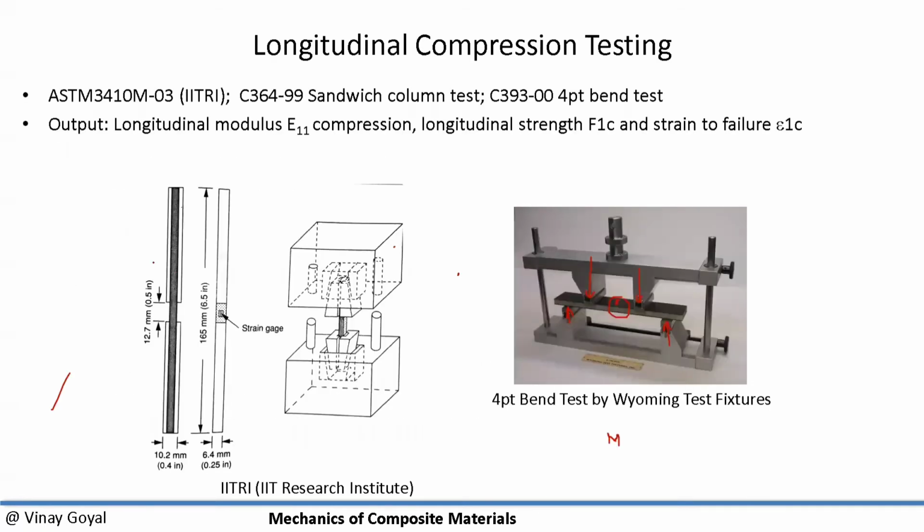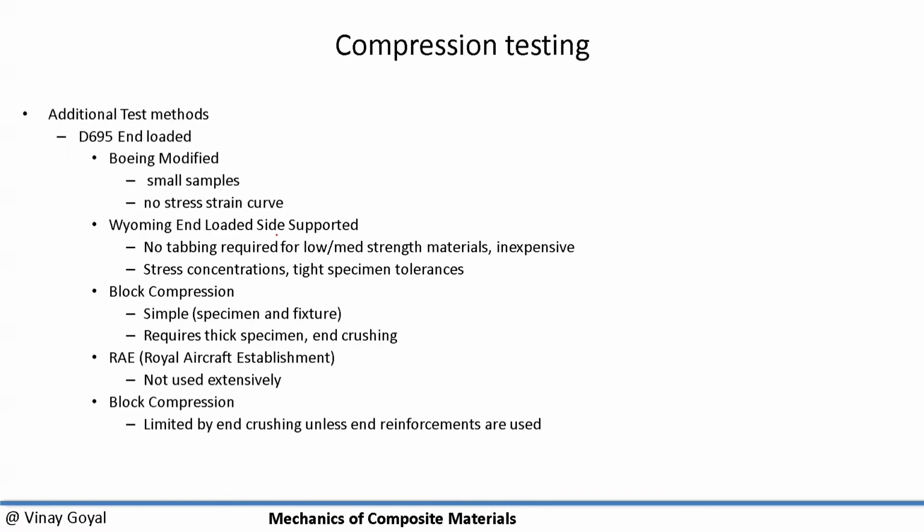This is from the Illinois Institute of Technology. That's what this stands for. Additional test methods are the D695 end-loaded, that's a Boeing modified, you can look at that. Wyoming end-loaded side support, the block compression, the Royal Aircraft Establishment, and then the block compression. These are different ways to measure that modulus.